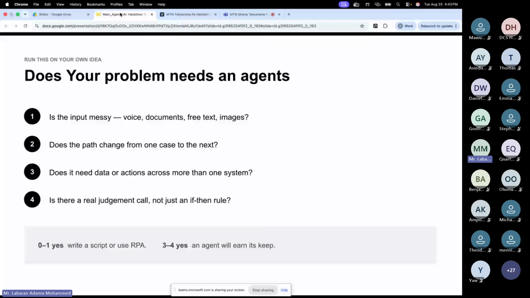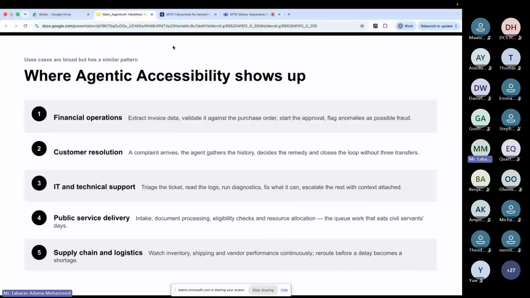Okay, I believe we can go ahead. If you are still in the ideation phase and you've not actually figured out a project, we look at places where agentic accessibility shows up.